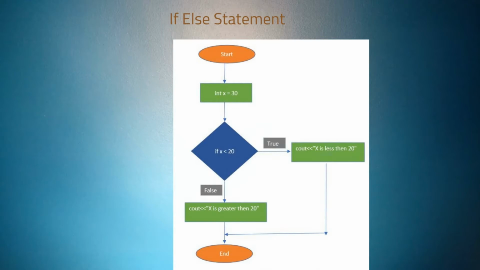The condition is checked if x less than 20. If the condition is evaluated to be true, then it will print x is less than 20. Else it will print x is greater than 20 and end the program. So according to the flowchart, x is greater than 20, so the if condition will return false and the program will go to the else block and print x is greater than 20.